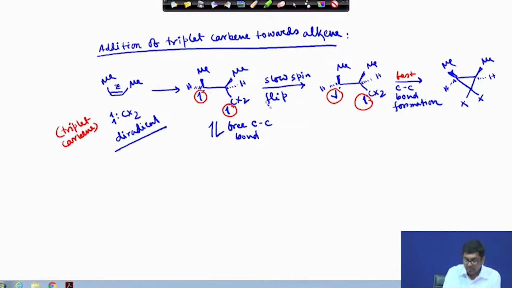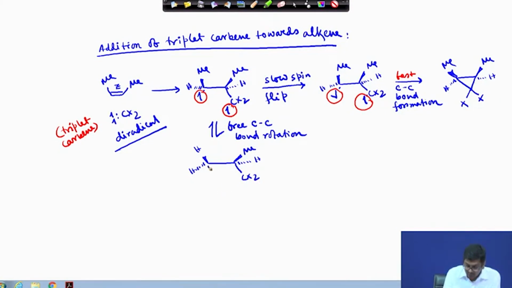This is a single carbon-carbon bond, so it can rotate itself. Once this happens, obviously the geometry will be scrambled. As an example, here it is like this.